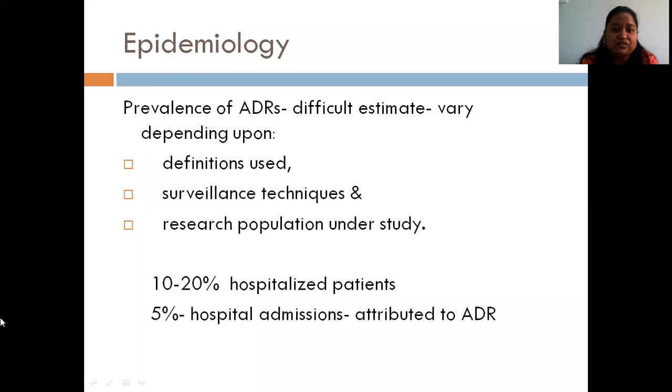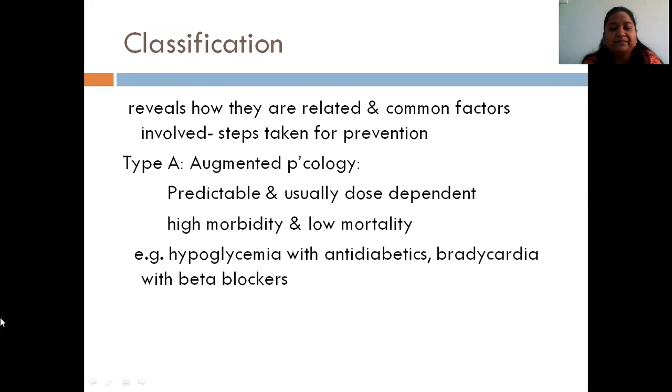The prevalence of ADRs is difficult to estimate because it depends on very different factors, like the definitions we use for ADRs, the surveillance techniques, how we collect the ADRs, and the research populations under study. About 5% of hospital admissions are attributed to ADRs, and these can be very critical or serious conditions.